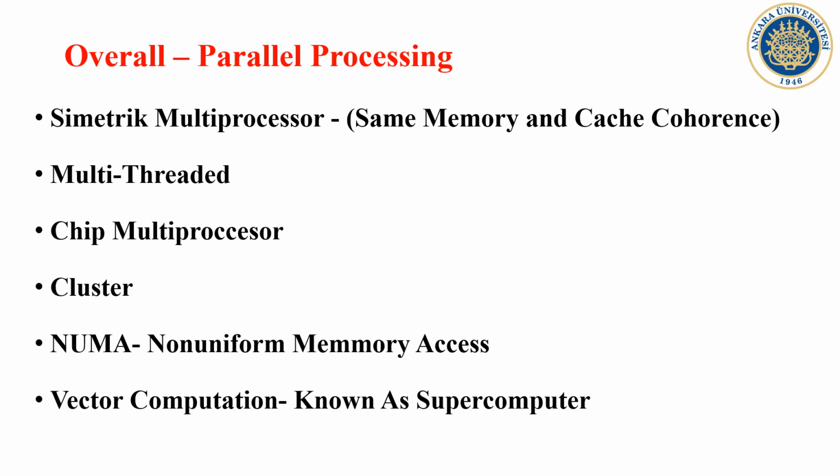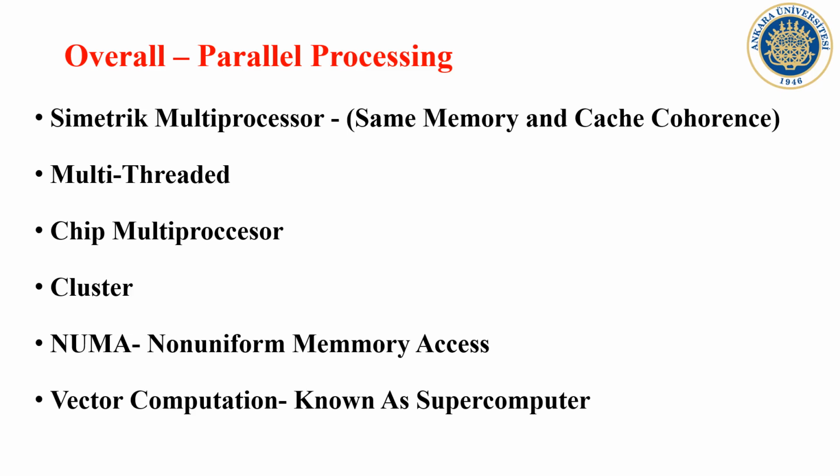It's like having a small team inside one processor. Another type is cluster. This is basically a group of separate computers connected together to act like one big system. Clusters are great for really big tasks or heavy computation.